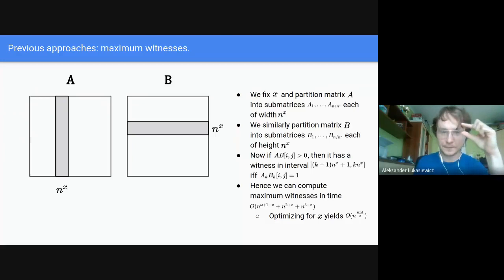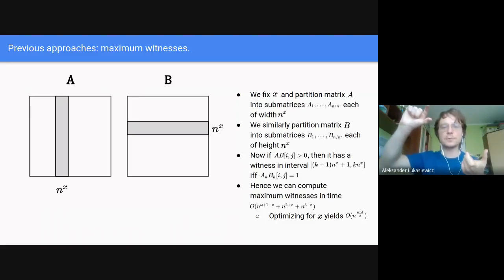So we have vertical stripes on one side and horizontal stripes on the other. And now we can compute n over n to x Boolean matrix products. Basically we take one stripe, like the first stripe, then we take the first one on the other side and we multiply them, and so on.